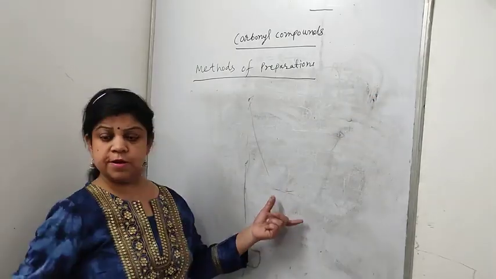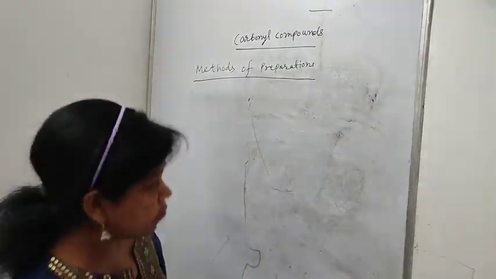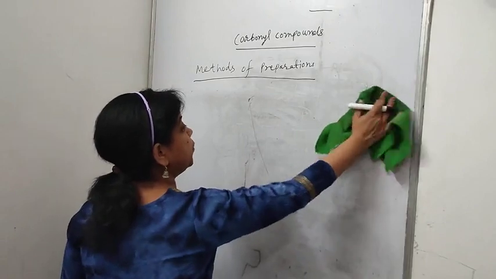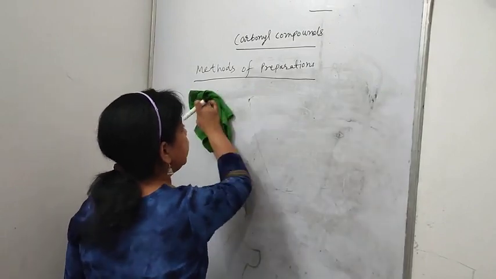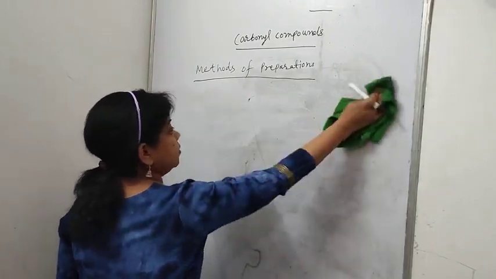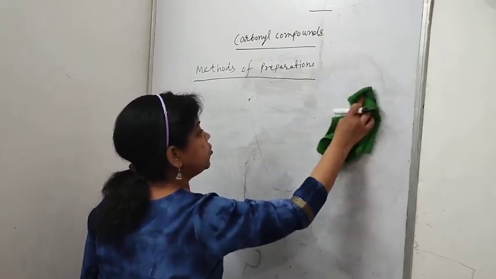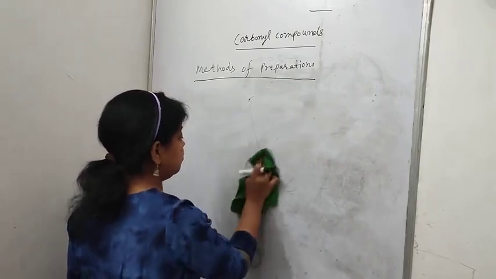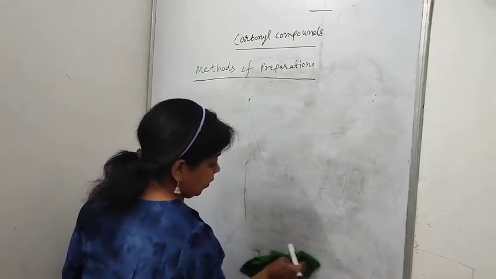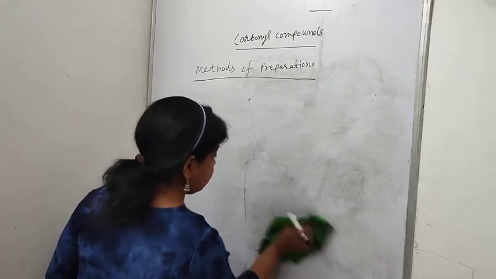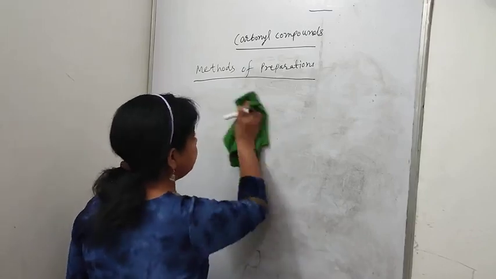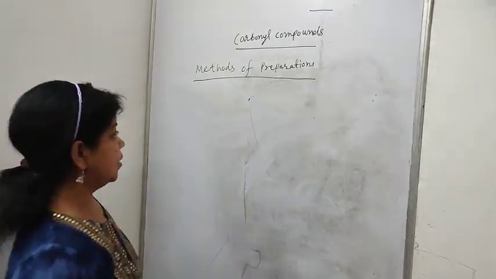Now we will consider the methods which are used to prepare aldehydes only. In this category, the first method which we are going to study is a very simple method given by Stephen. So let's see the Stephen method of reduction.